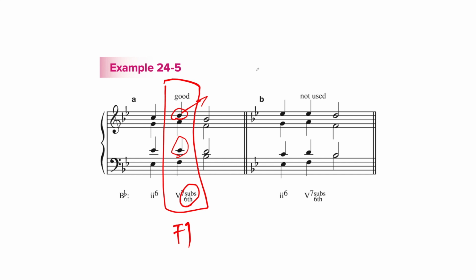Otherwise, this is the second example, you see here, not used. Here we have the 7th on the top and then the substituted 6th below it. This is not a good sound. Let's listen to it.